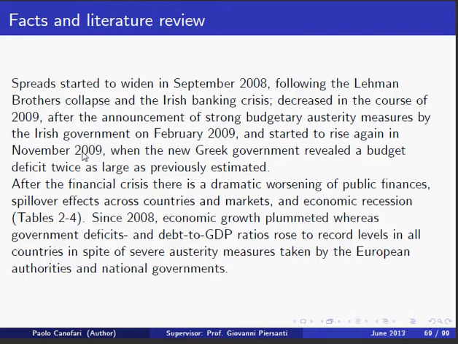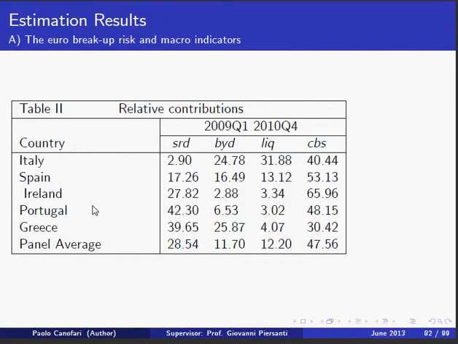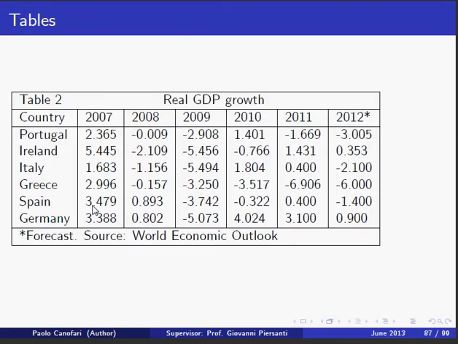Looking at table 2, table 4, we can see after the global financial crisis of 2008, in table 2, the negative growth rate of GDP. So for Greece, we can see 1, 2, 3, 4, 5 years of negative growth of GDP, which means high level of unemployment.